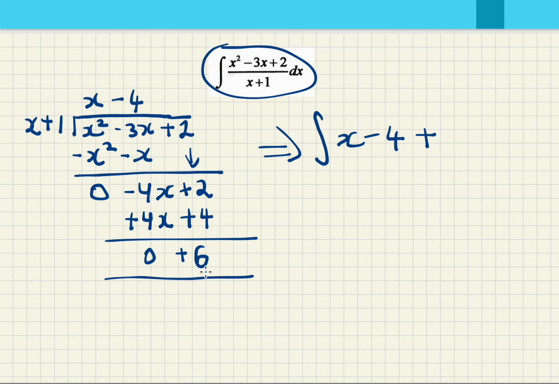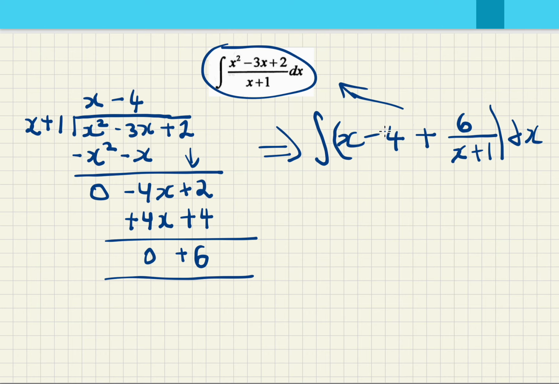But we can't write 6 by itself. We need to divide it by the denominator. So whenever you have a remainder, make sure to divide it by what you're dividing by. So in this case, we're dividing by x plus 1. So this is our answer plus our remainder. And so this expression is equivalent to this expression.